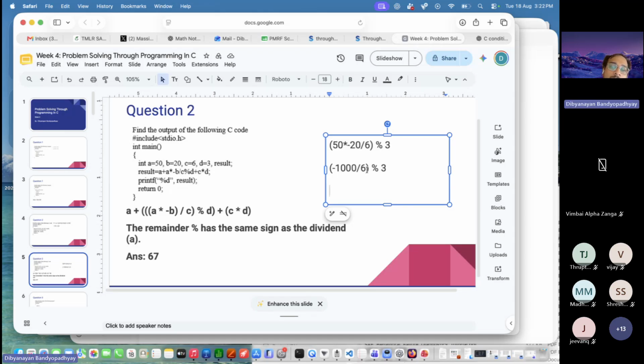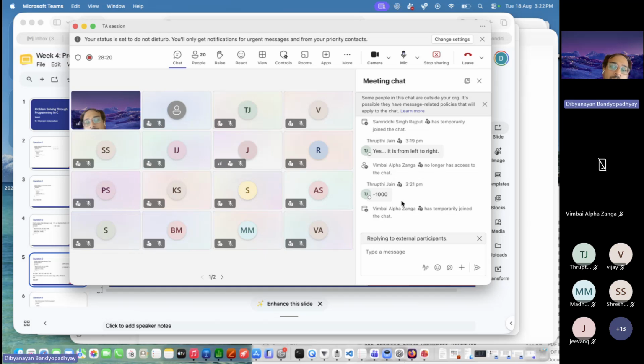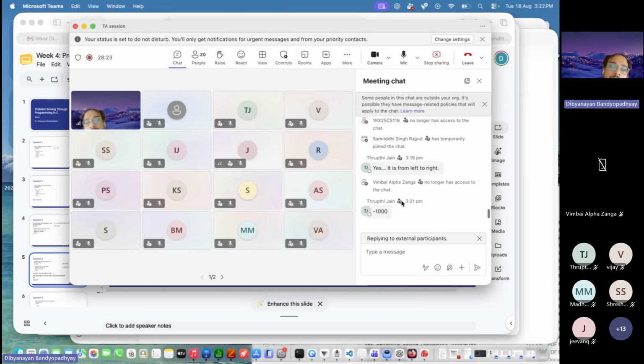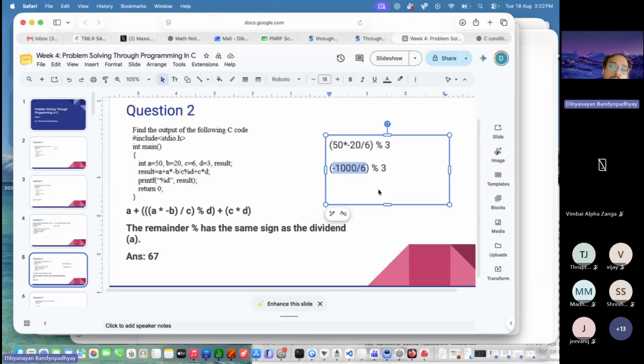And what is the value of this? Yes, it is left to right, correct. Minus 166, correct. It is actually minus 166 point something, but as we don't have the decimal part, we only consider this.